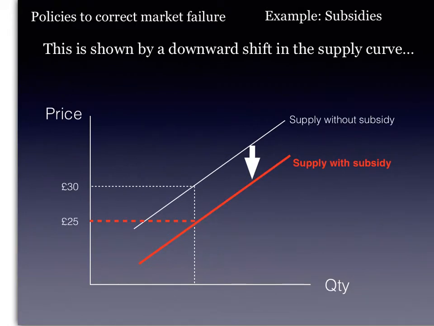On a supply curve, it would effectively move the supply vertically downwards by the amount of the subsidy. So, as from the previous example, they were willing and able to supply at £30, they're now willing and able to supply at £25 because they get that price in the market, then they get a subsidy of £5, meaning they receive in the end their £30.